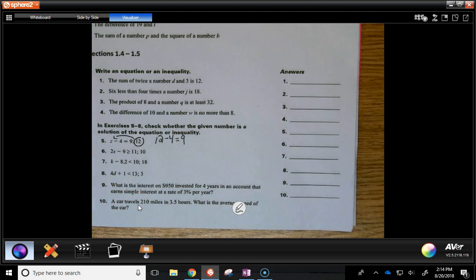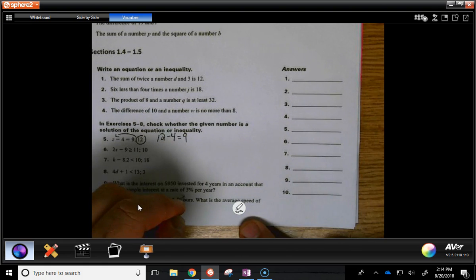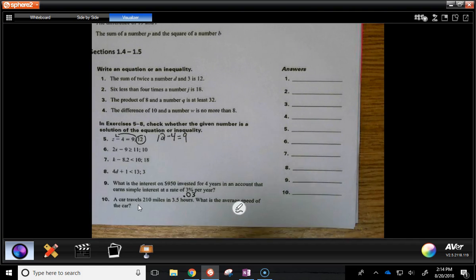And then I want to point out something on number 9 and 10, because this is a little different than we talked about. Number 9, what is the interest rate on $950 invested for 4 years in an account that earns a simple interest rate of 3% per year? Remember, when you multiply 3%, you're multiplying at 0.03.